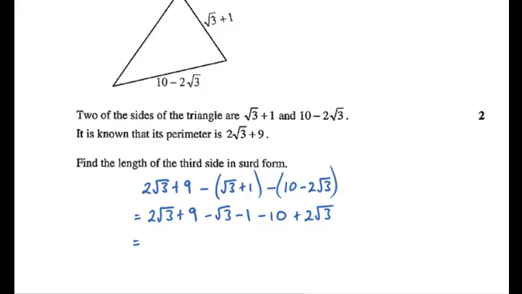So we've got 2√3 minus √3, so that will become 1√3, plus another 2√3, so that's 3√3. Then we've got +9 minus 1 is 8, minus another 10 is -2. And that's my answer. So 3√3 minus 2.